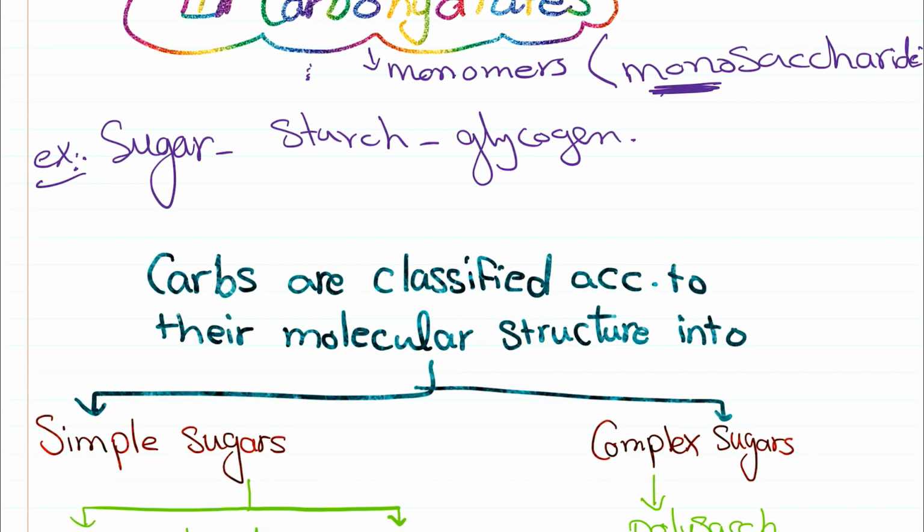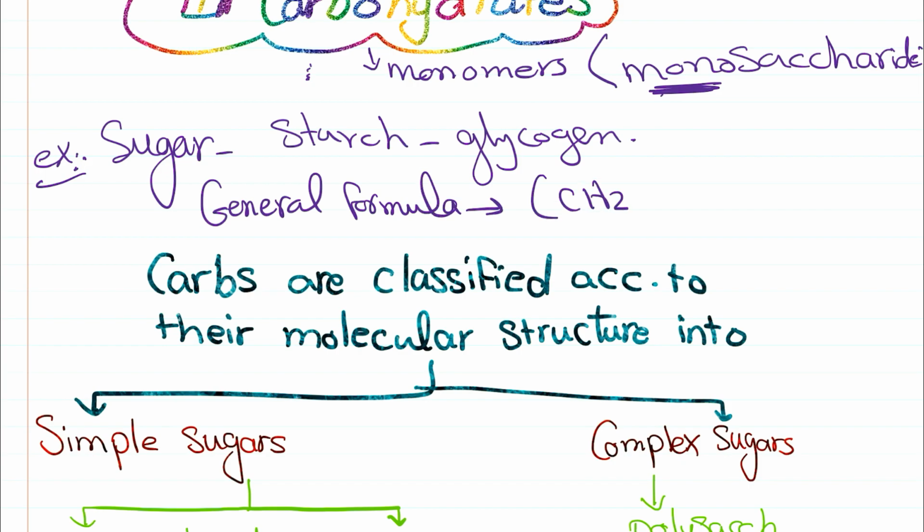The general formula of carbohydrates is very important. The formula is CH2O all out of N. What is the N? N is the number of carbon atoms.